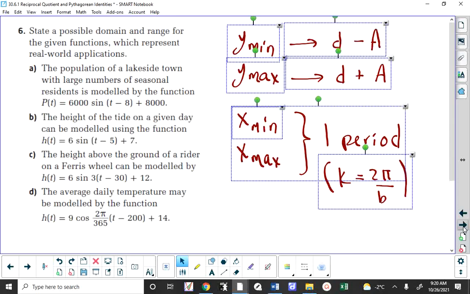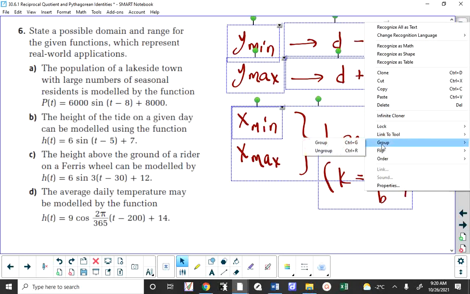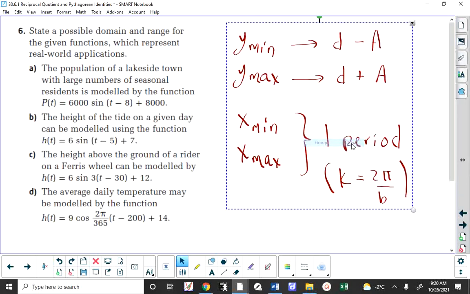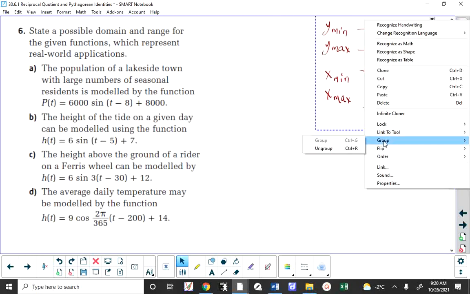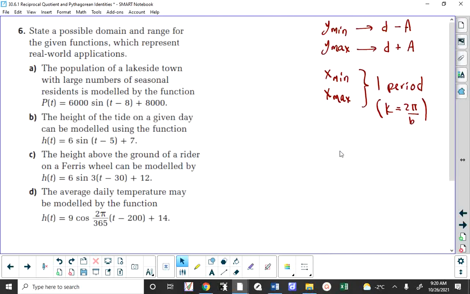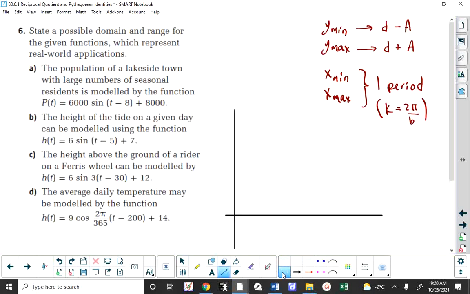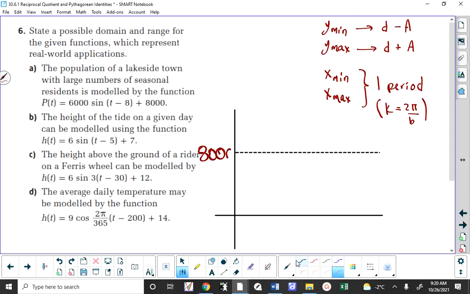I'll show this to you visually. The middle of the graph here is at 8,000 because of the vertical displacement of 8,000 in the parameter d. Let me write this down. This is the 8,000. And the amplitude is 6,000.